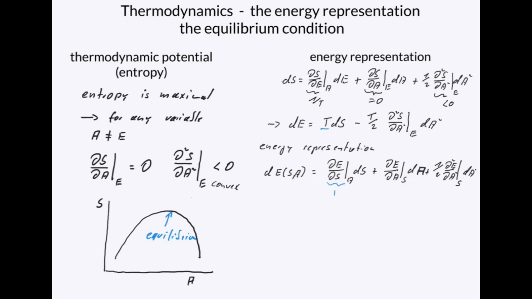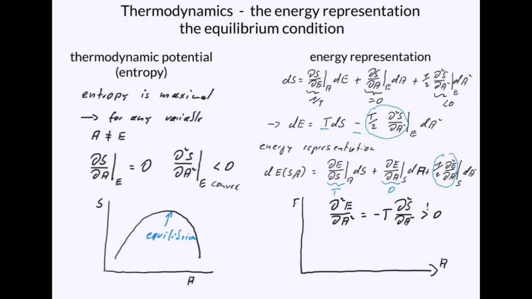Comparing the two equations in the powers of dA, we see that the first term, the partial of E with respect to A at constant S, has to be 0, and for the second term we obtain an expression for the second derivative of E with respect to A, given by minus T times the second derivative of S with respect to A, which is larger than 0, as the second derivative of S with respect to A is smaller than 0. Hence, in the energy representation, the system at equilibrium is at its minimum energy.